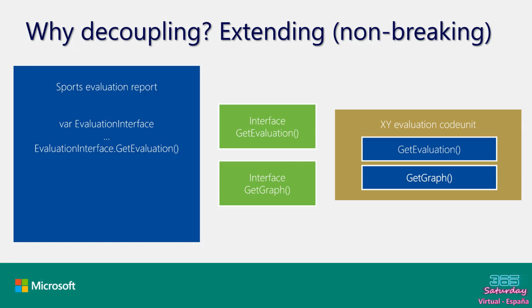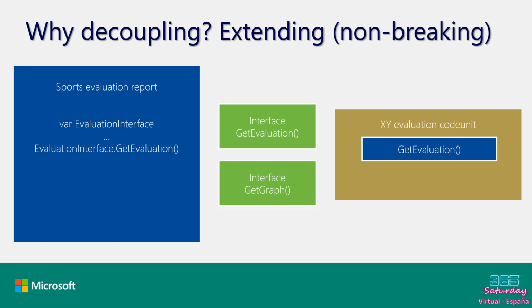But now it doesn't have to, because if the XY evaluation code unit only implements our first interface, then this is still fine. So if we just add the second interface, then there would be no breaking change, there would be no compiler error. And again, I will show you this in a minute, how it actually works.